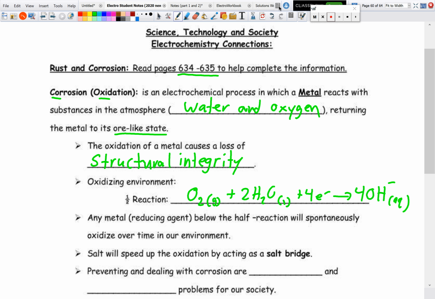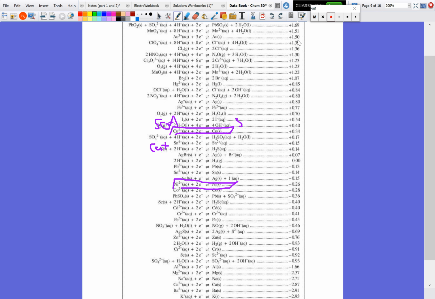And of course this half reaction can be found in our data booklets, where it is a fairly strong oxidizing agent, which is right here.